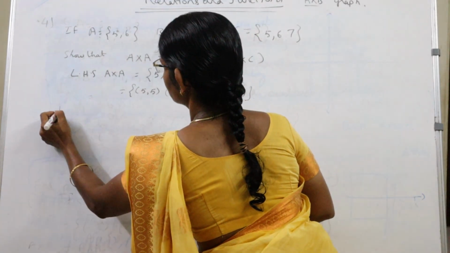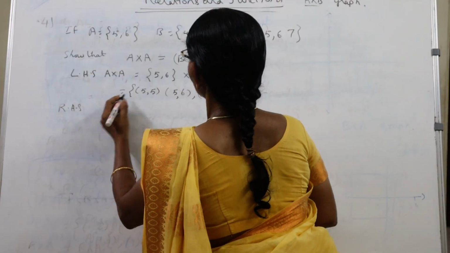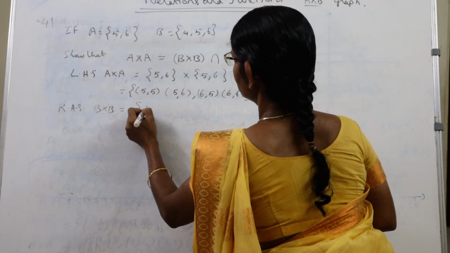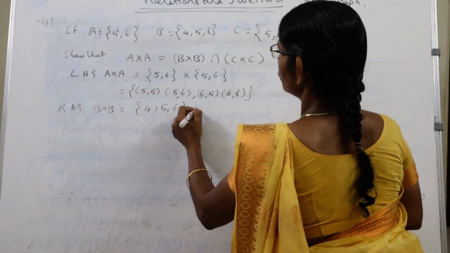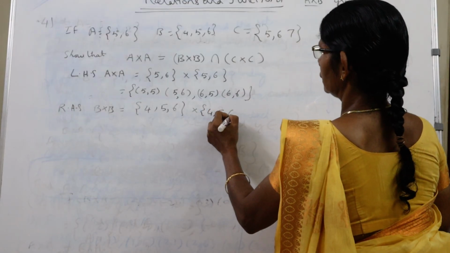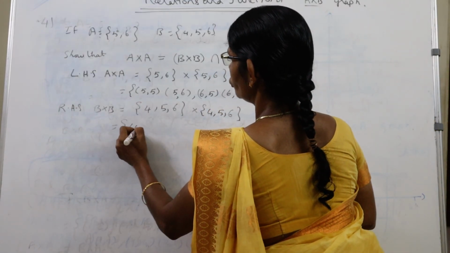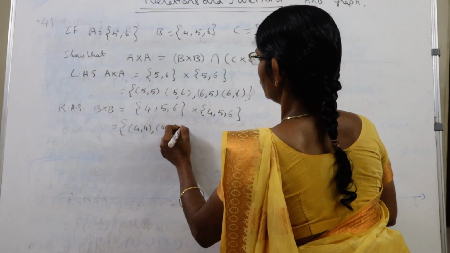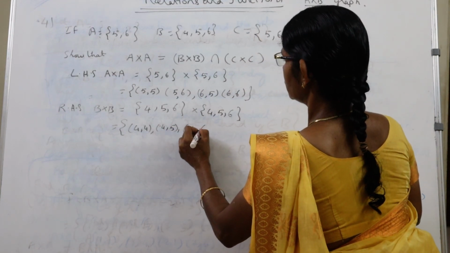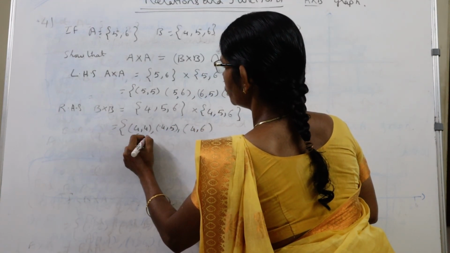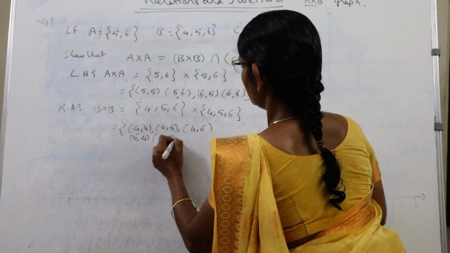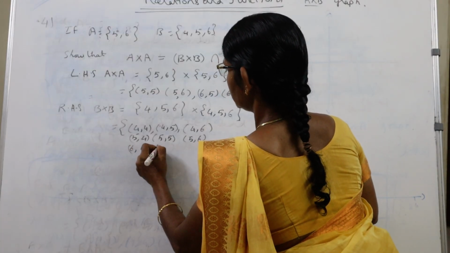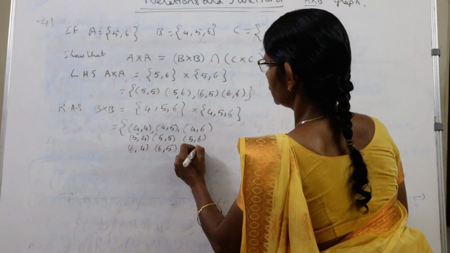Now we take the RHS, the right hand side, B cross B. B is {4, 5, 6}, so {4, 5, 6} cross {4, 5, 6} equals (4, 4), (4, 5), (4, 6), (5, 4), (5, 5), (5, 6), (6, 4), (6, 5), (6, 6).